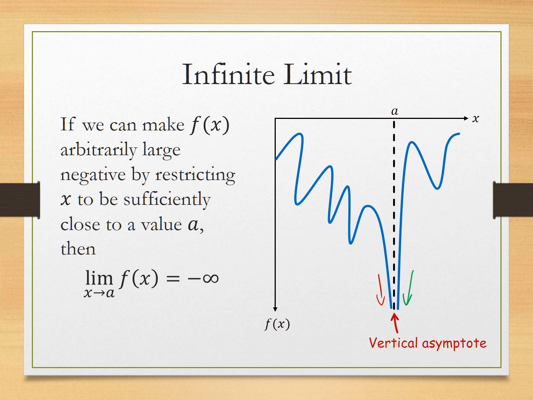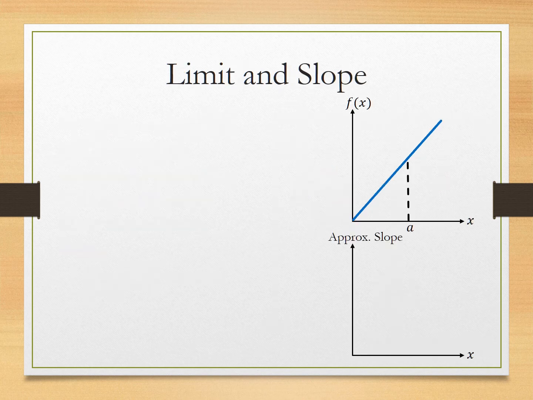So how does this help us? How does limit help us with finding the slope? Well, I'm going to first use the straight line, which does not require approximation, but a straight line is good because it's easy to calculate the values. So let's say we try to approximate the slope of the straight line with a second point.